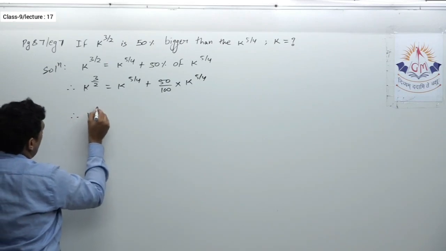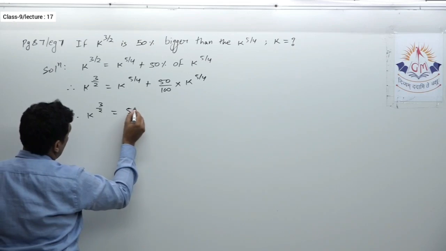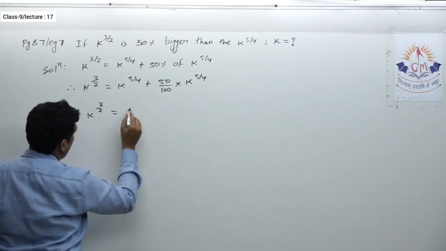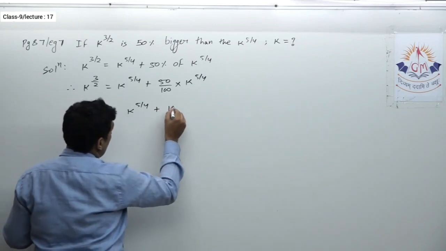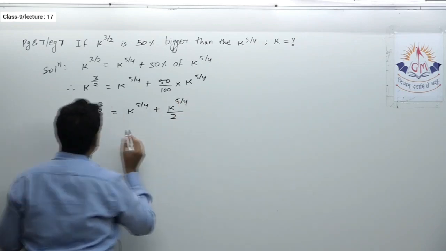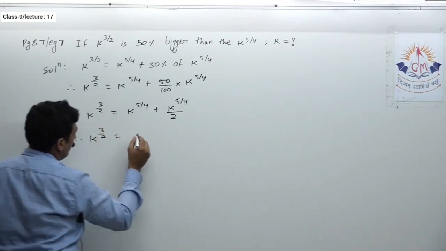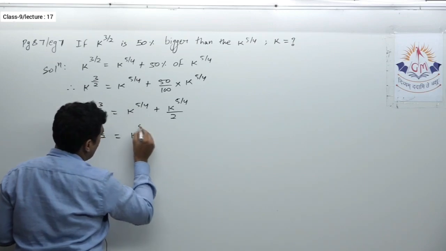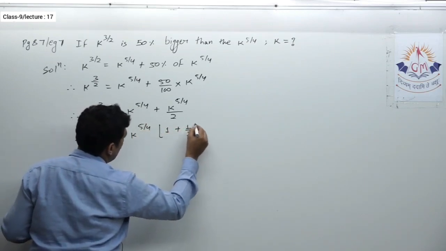So this will become k raised to 3 by 2 is equal to k raised to 5 by 4 plus k raised to 5 by 4 by 2. So over here I can take k raised to 5 by 4 common, so 1 plus 1 by 2.